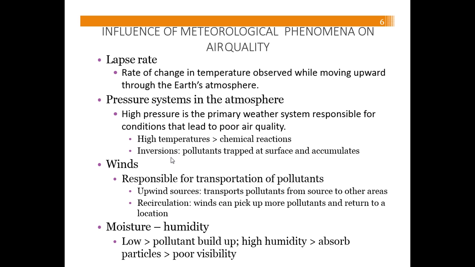So where you find an anomaly with colder layers beneath a warmer layer, this is what we call our inversions. And where this occurs, this actually traps pollutants near the Earth's surface and allows them to accumulate. And remember, this is where most of life occurs, in the lower levels of the atmosphere, in your troposphere.